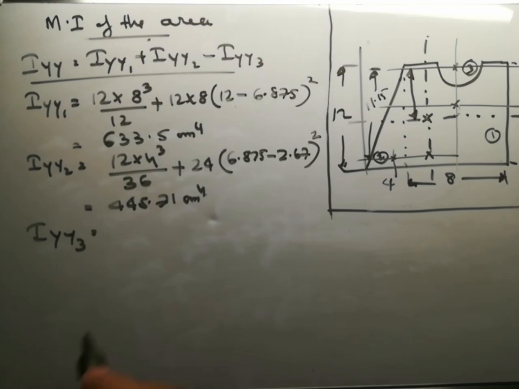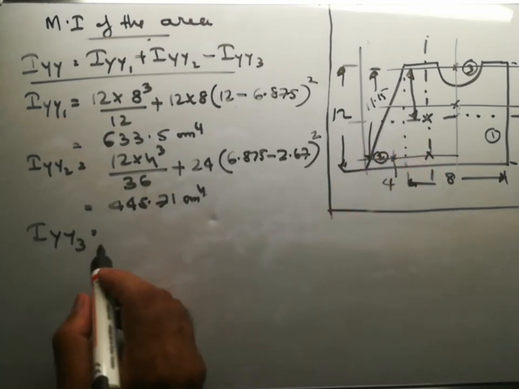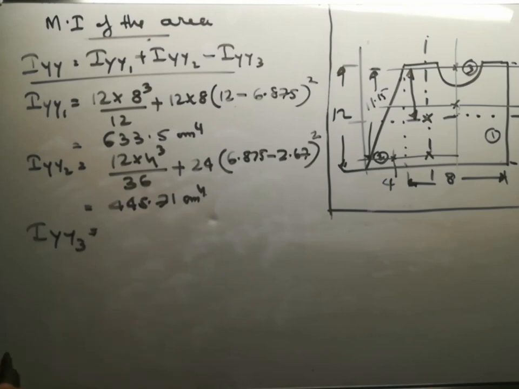the equation of the moment of inertia of a semicircle with this as the centroidal axis, which is equal to pi d raised to 4 divided by 128.